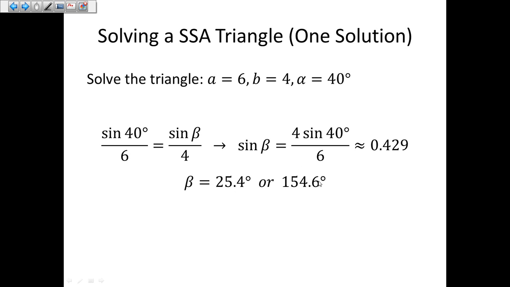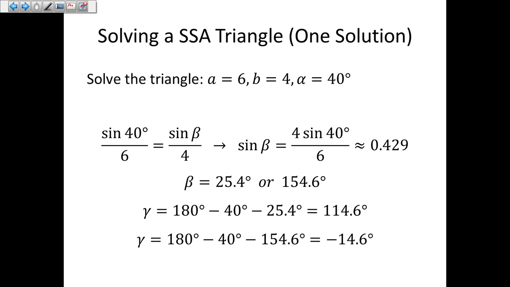Now you might already be spotting a problem with this angle, but let's do a little bit of math to show why there's a problem. If I try to find gamma by just doing the difference, 180 minus alpha minus 25.4 for beta, I get 114.6 degrees. That's cool. No problem with that one. But if I try the same thing with the 154.6 degrees, I've got a bit of a problem.